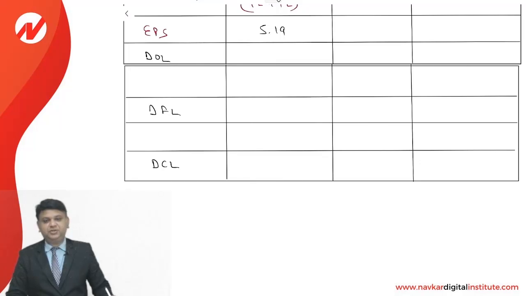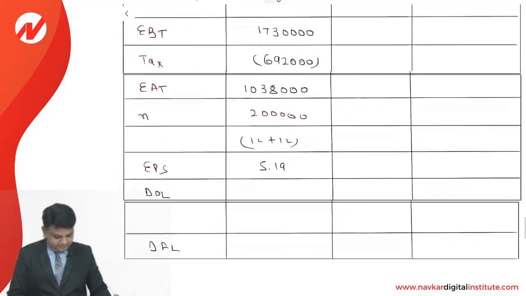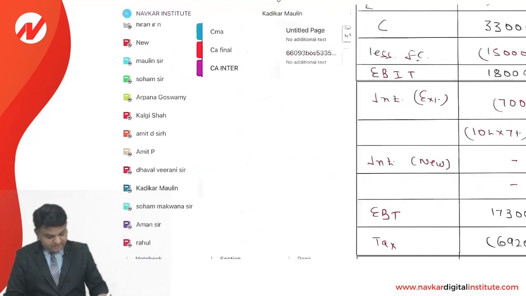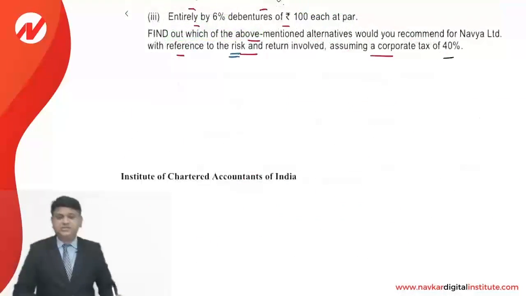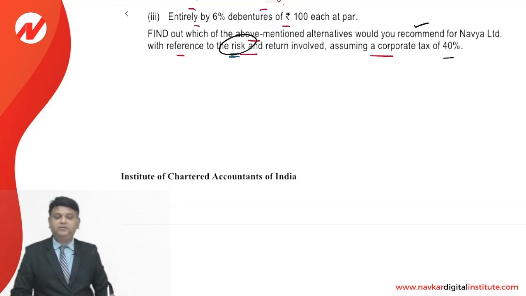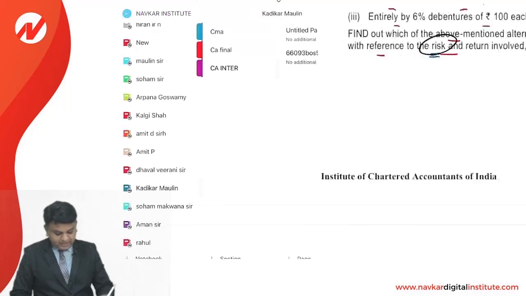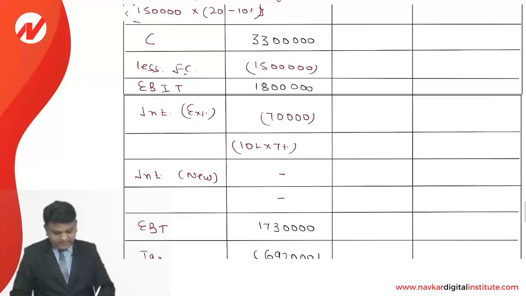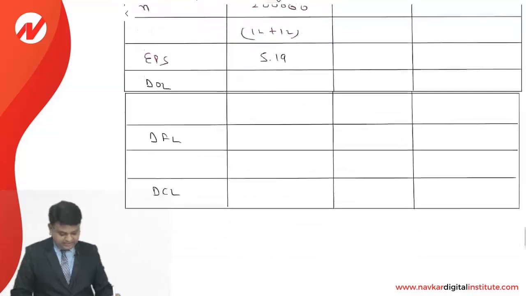That is the way the leverage can be calculated. Now we will calculate the degree of operating leverage. It is calculated because the question says we are required to measure the risk. The question says: find out from the above mentioned alternatives which alternative you would recommend for Navia Limited with reference to risk. So we'll measure the risk in the form of leverage. The degree of operating leverage is contribution upon EBIT, that is 33 lakhs upon 18 lakhs.